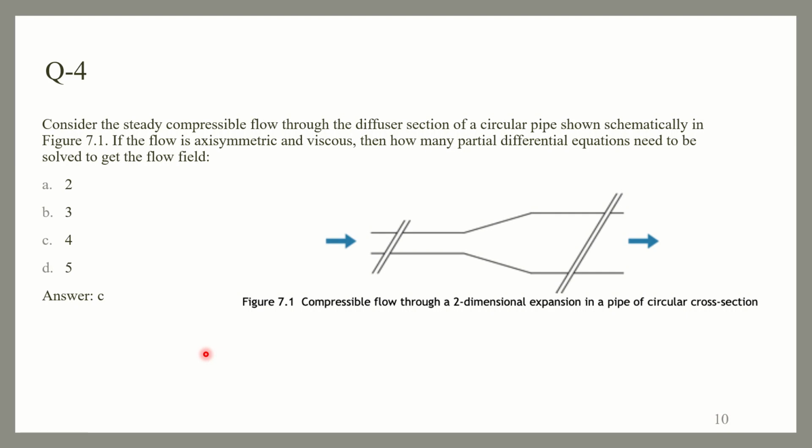Because the flow is compressible, we need to account for the change in energy of the system as well. So we need to solve for four partial differential equations: continuity equation, x momentum equation, y momentum equation, and an energy equation. So I hope it is clear. Now we'll go to question 5.